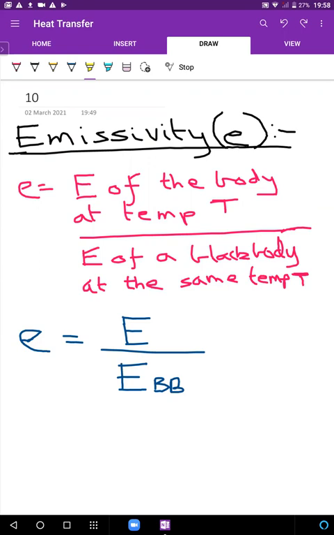So for now, what I've written on this page is all you need to know. Emissivity is a ratio. It's comparing the emissive power of some body to the emissive power of a black body, both comparisons made at the same temperature. That's what we need to know for the time being.